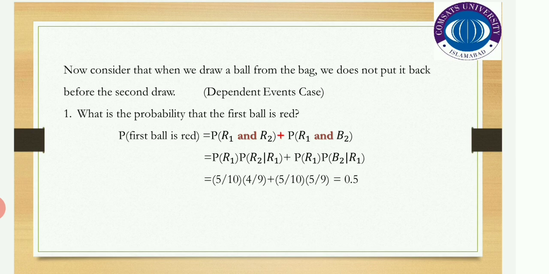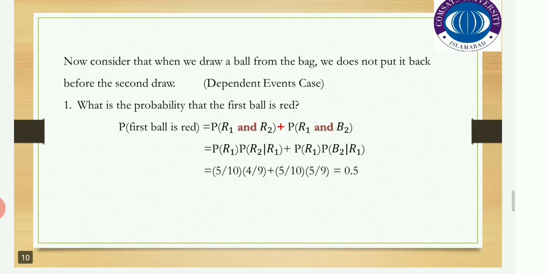Then what will be the probability of R1? It will be equal to 5 by 10. But when we are going to draw the second red ball, as we have already drawn the first red ball, the remaining red balls will be 4, and the remaining balls in the bag will be 9 because we have not replaced the ball after the first draw.